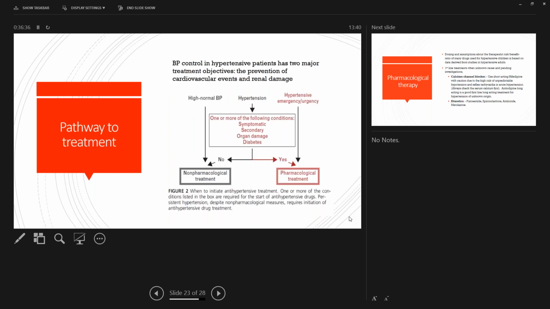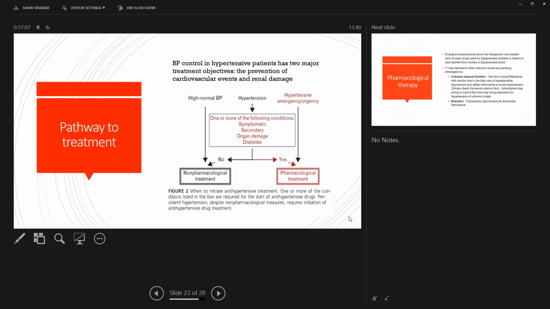So, the pathway for treatment. Thinking about how our hypertension has presented, is it emergency, is it urgency? The overall goal of blood pressure control in hypertensive patients is to prevent cardiovascular events and renal damage. The cardiovascular events very much come from adults. There's still very limited data on how much hypertension has affected long-term cardiovascular events in pediatrics.